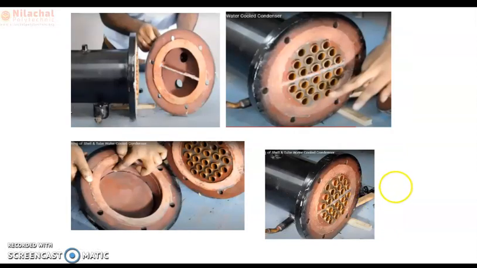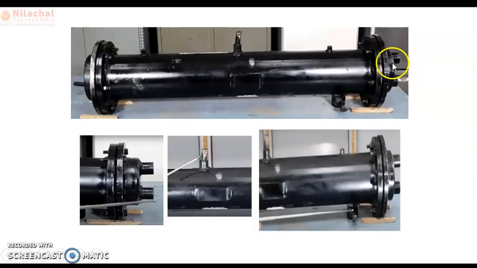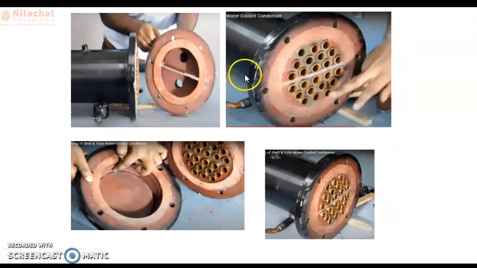Let's come to the detailed view of both parts. Here I am showing you four diagrams. In the first diagram, I open the lid part. Here a nut and bolt joint is there. I open this nut and bolt, and it will look like this.